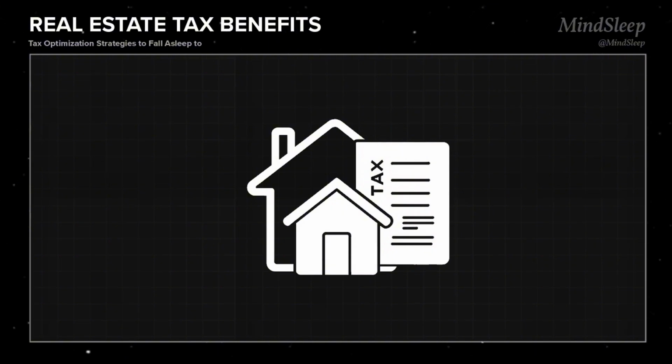This change has had varying impacts on real estate investors, depending on their location and the nature of their holdings. On the other hand, the same legislation also introduced the concept of qualified opportunity zones, which offer significant tax benefits for investments in designated economically distressed areas.